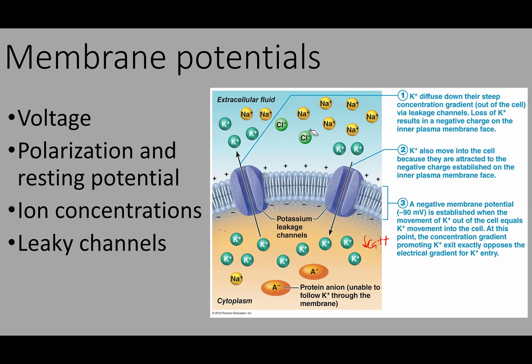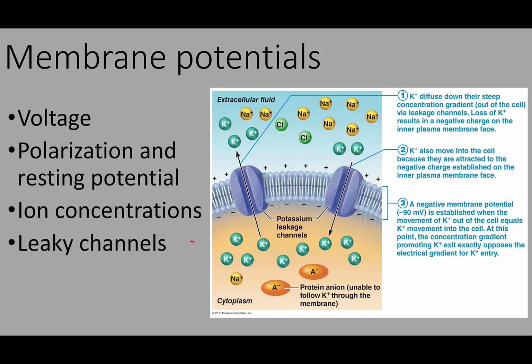We will talk about neurons, nerve cells, quite a bit in about a month or so. Neurons, the inside compared to the outside, is negative 70 millivolts at rest. Not an important number right now. I'm just giving you an example. At rest, neurons are negative 70 millivolts inside compared to outside.